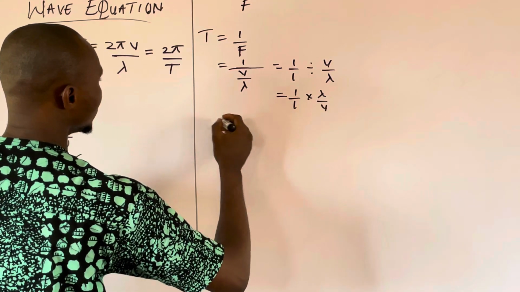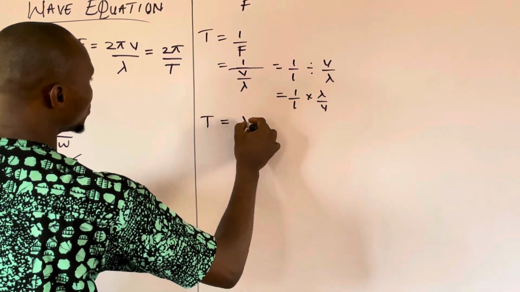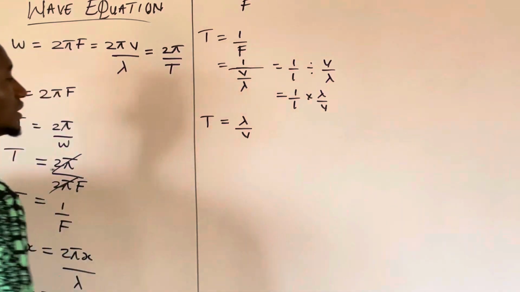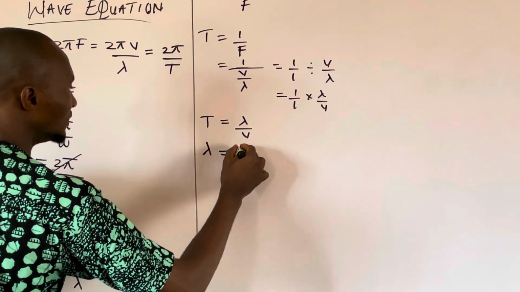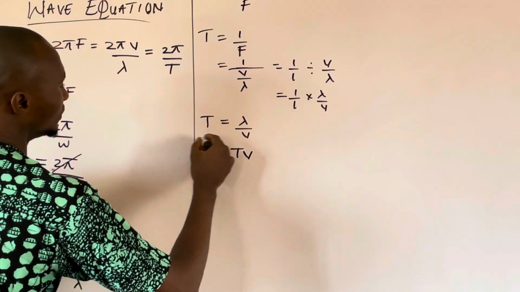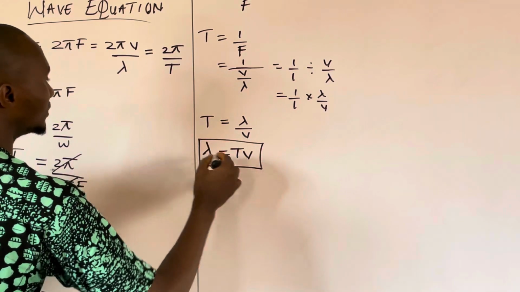That means that T is also equal to lambda over v. Take note of this. And lambda from this concept is equal to Tv. Very important.